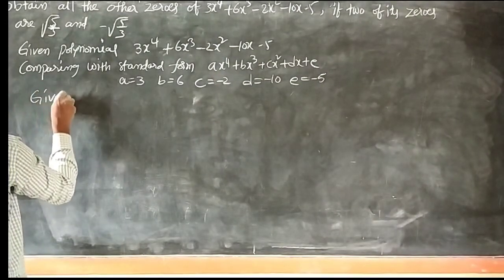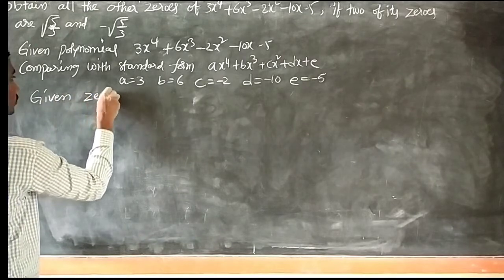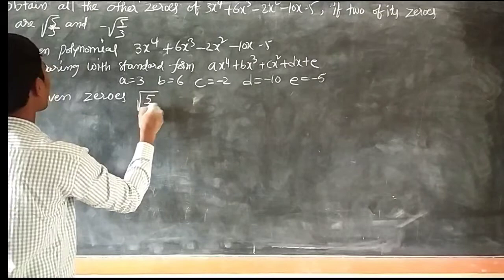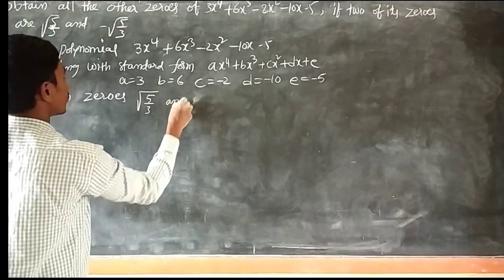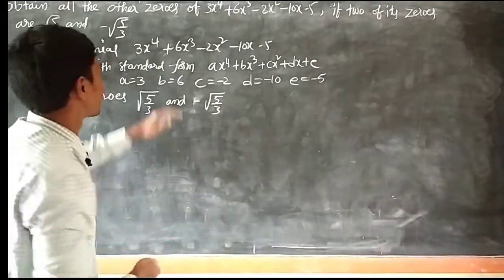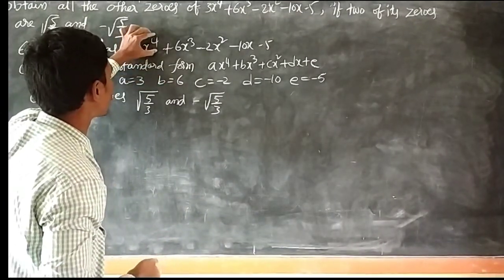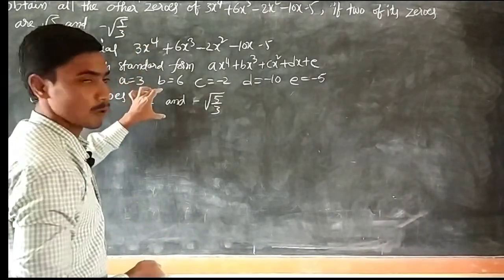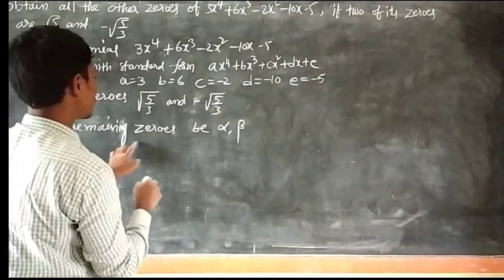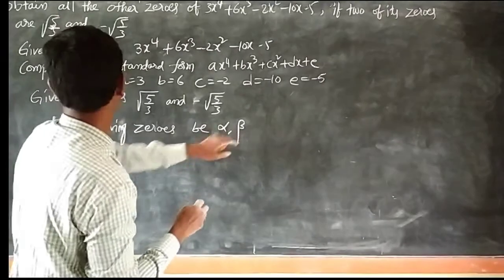Given zeros: square root of 5 by 3 and minus square root of 5 by 3. Here the polynomial has degree 4, which means it has at most 4 zeros. The remaining zeros be alpha and beta.